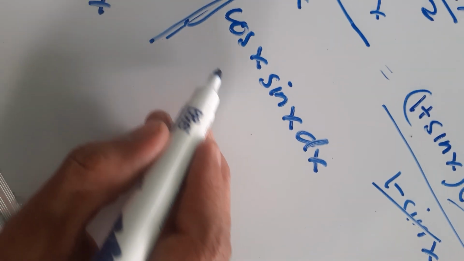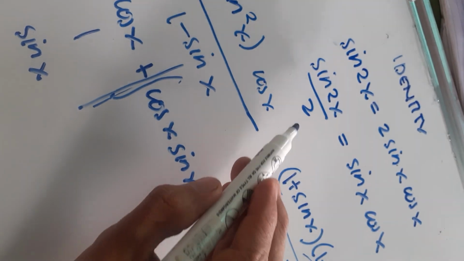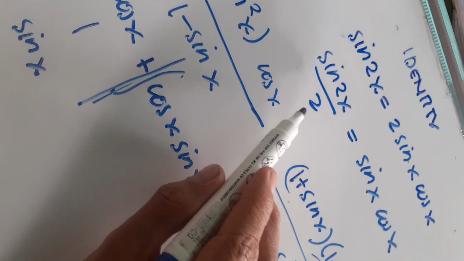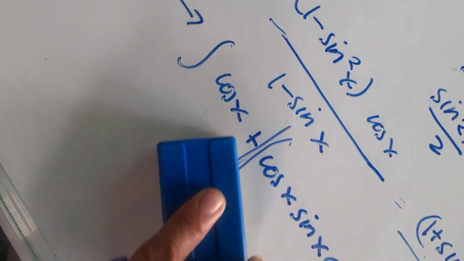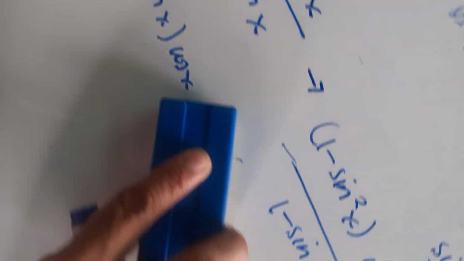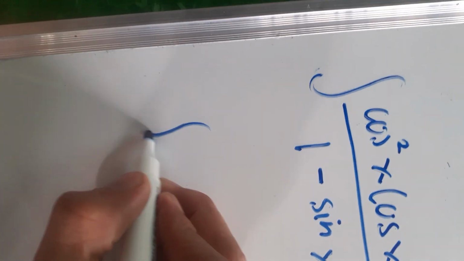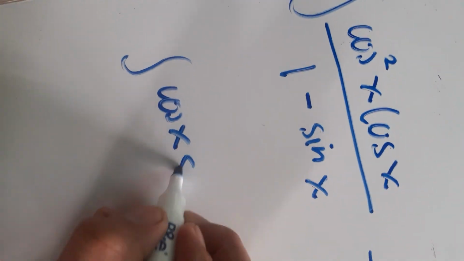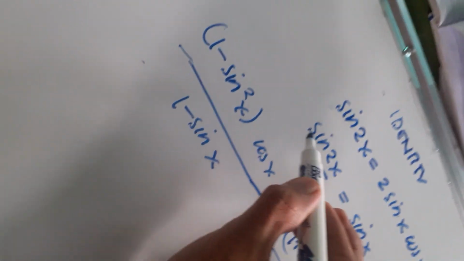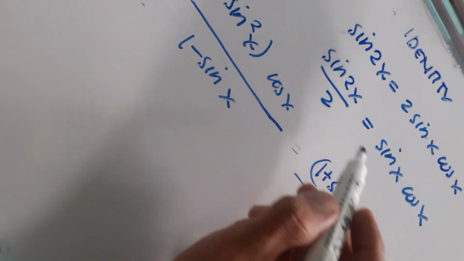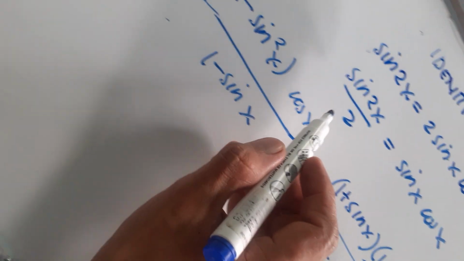Now we have to solve the other one using the identity given above, sine 2x over 2 is equal to sine x cos x. So we have to solve the integral of cos x sine x dx using the identity above. Simply, sine x cos x is equal to sine 2x over 2.